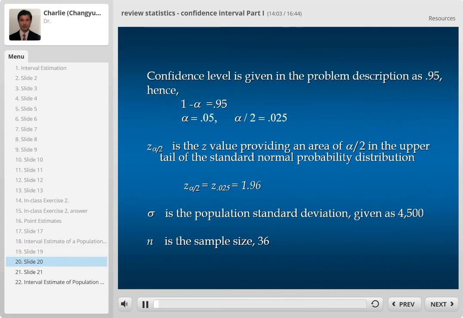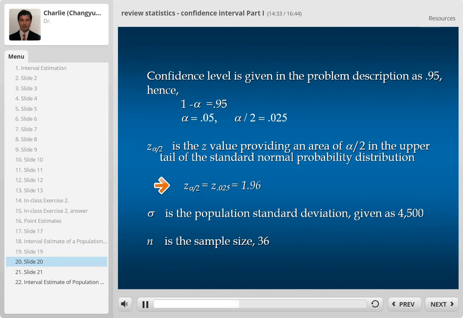First of all, the confidence level is given as 0.95, so we know 1 minus alpha equals 0.95. And then we can calculate alpha. Alpha equals 0.05. Alpha over 2 then equals 0.025. Z alpha over 2 is the value we need to calculate.